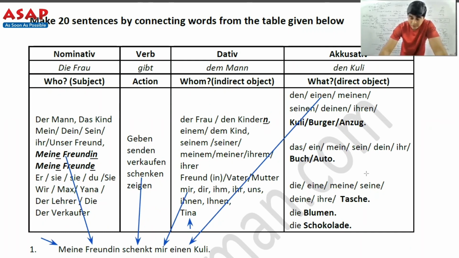Second most important thing that you should strictly avoid: do not add any extra word other than what you have in this table, like on the occasion of her birthday. You cannot just literally add anything by comparing with English. Any word added here may come with some different grammar logic in German.